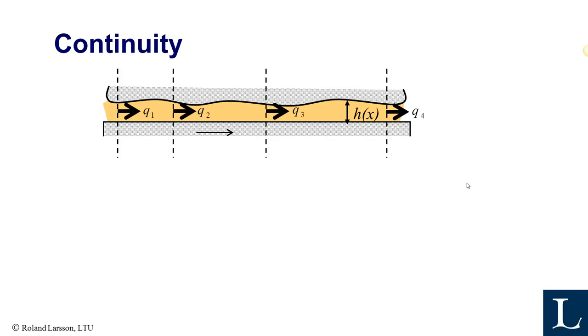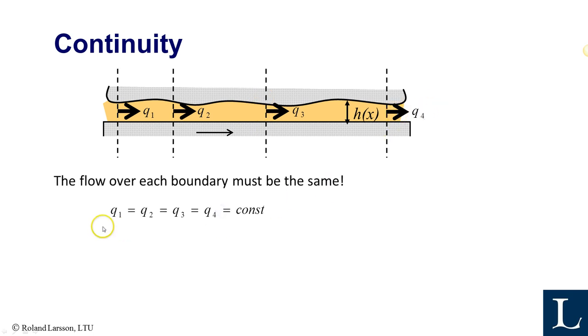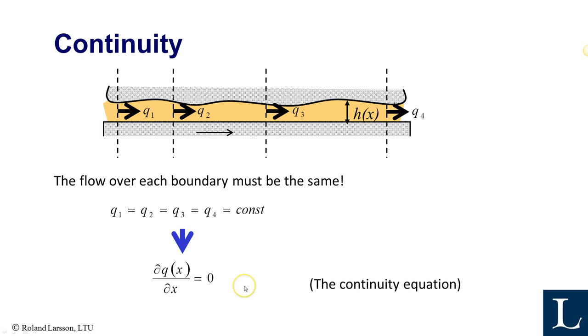That also means that the flow into the gap here must be the same as in this intersection, and as in the outlet. Which means that the flow is constant everywhere. It's the same flow everywhere. And you can express that mathematically as dq/dx is 0. And that is actually the continuity equation for this case.